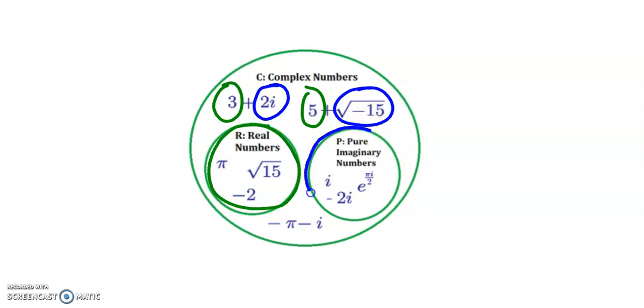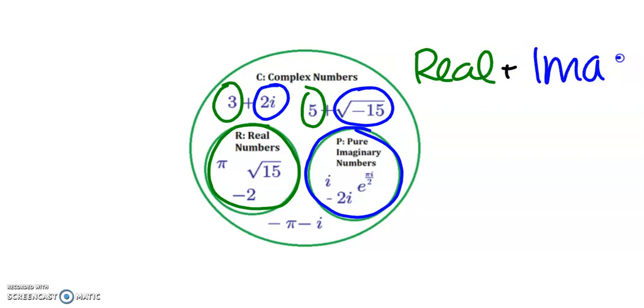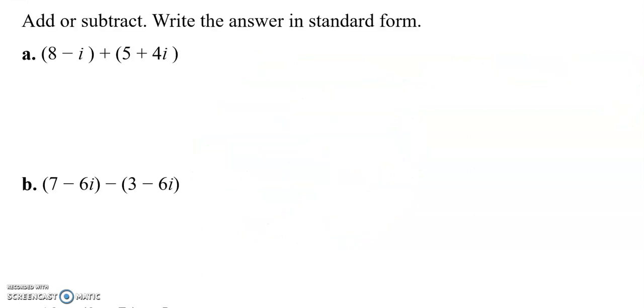The imaginary numbers are when there's just i's, nothing being added to it. Complex is when you take one part real and add one part imaginary. So we can add and subtract complex numbers. 8 minus i is a complex number because I have a real part and I have an imaginary part.